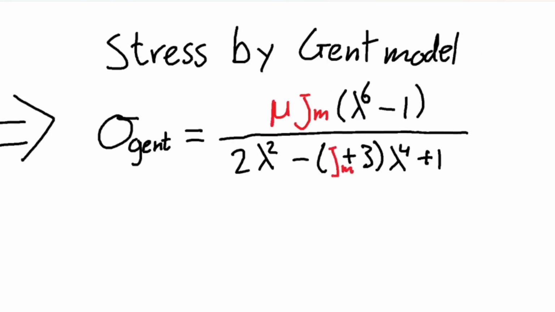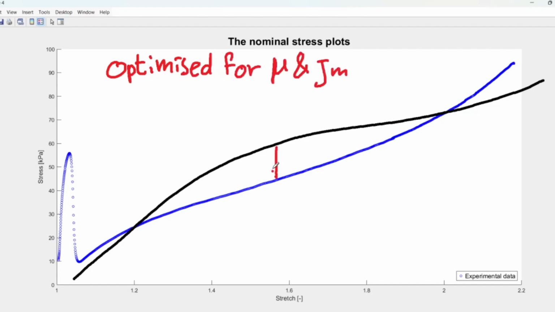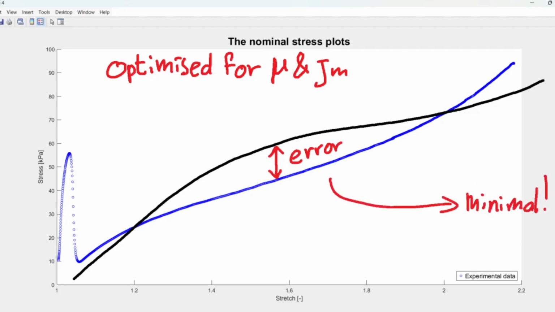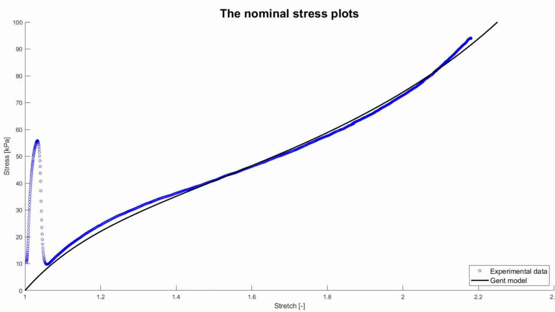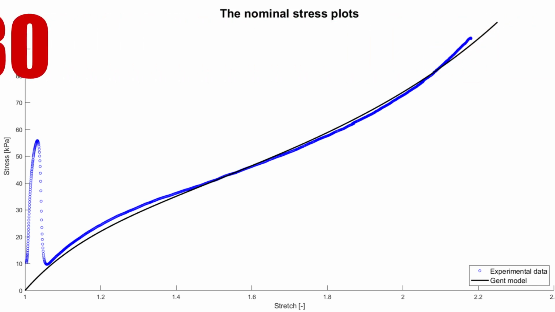The goal here is to find a material model that follows the experimental results closely, to achieve an accurate model. For this, the material parameters are optimized to achieve a minimal error between the experimental graph and the material model graph, resulting in this. The one graph that describes my whole research, the hyperelastic mechanical behavior of Ecoflex 30.